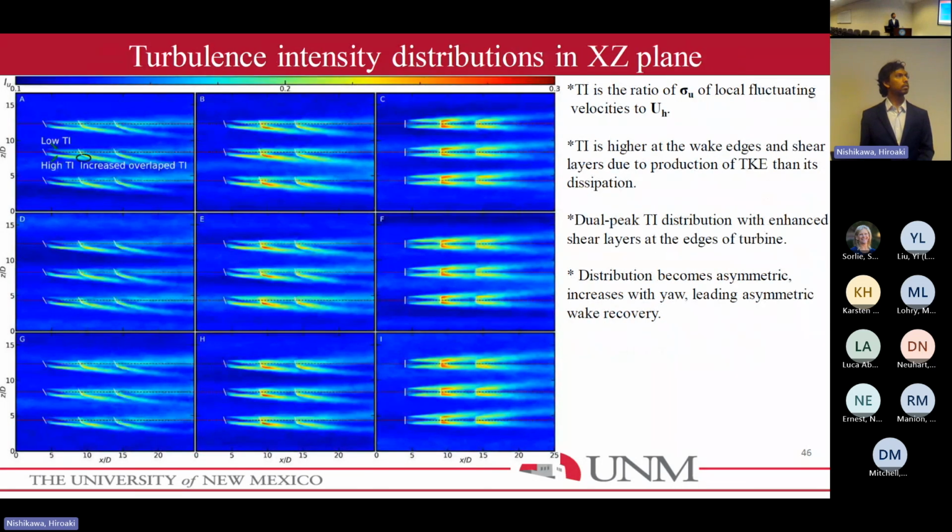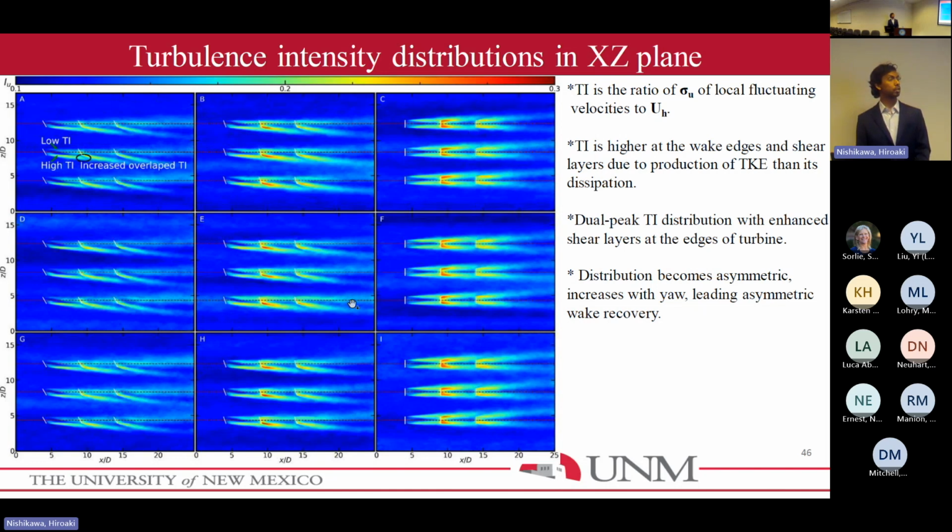So this is the turbulent intensity distribution. As you can see, the turbulent intensity is higher at the edges, where there is higher wind shear, and it has this dual-peak distribution, especially for the non-yawed case where there is no yaw angle.